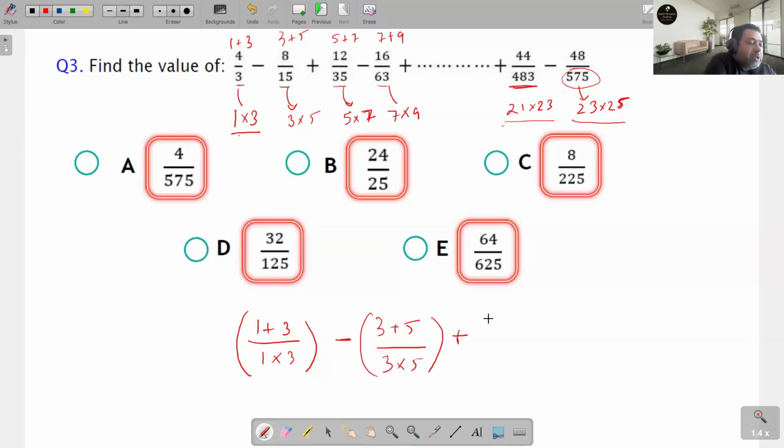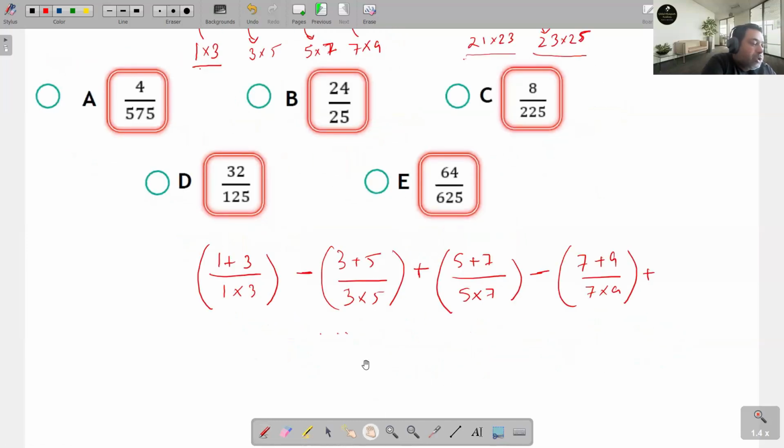The next one is plus 5 plus 7 divided by 5 times 7. And the next one here is 7 plus 9 divided by 7 times 9, and so on.